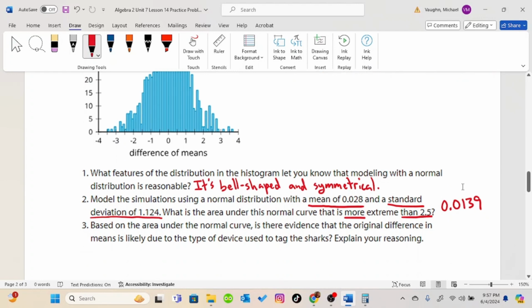Number 3, based on the area under the normal curve, is there evidence that the original difference in means is likely due to the type of device used to tag the sharks? Explain your reasoning.